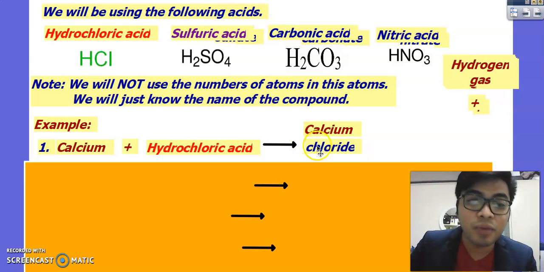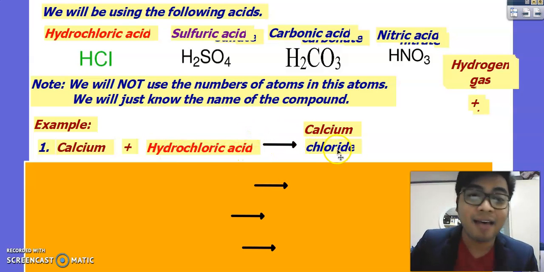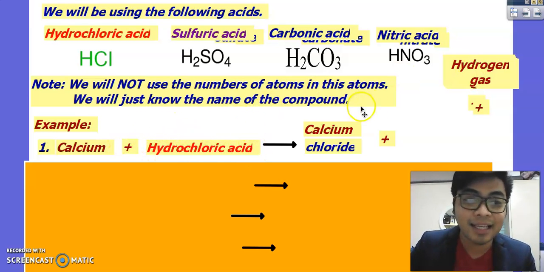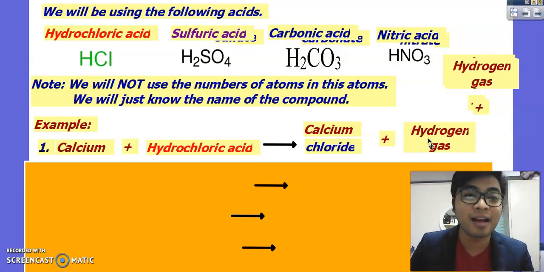Take note, every time we react with hydrochloric acid, we will be getting chloride. Therefore, our product is calcium chloride. Plus, again, if we react a metal with an acid, we will always produce hydrogen gas. So just put hydrogen gas there, and this is now your chemical reaction.